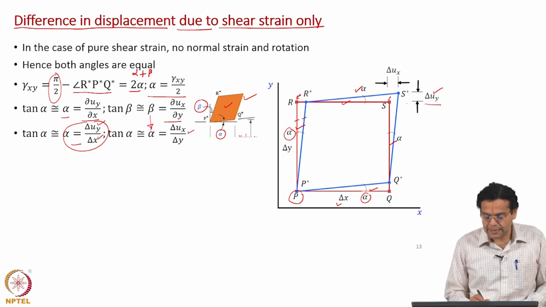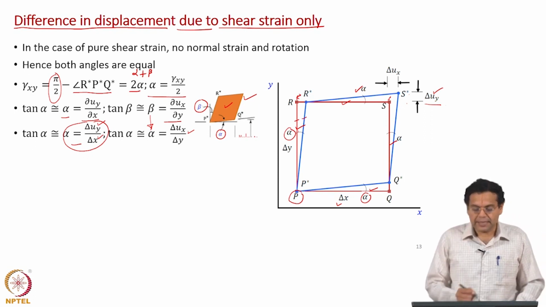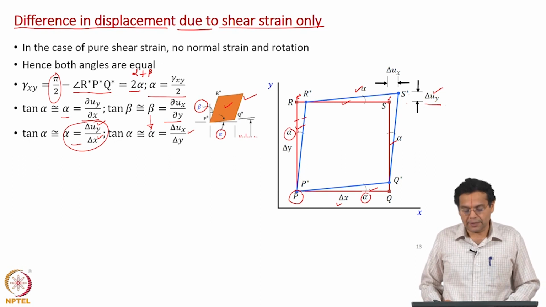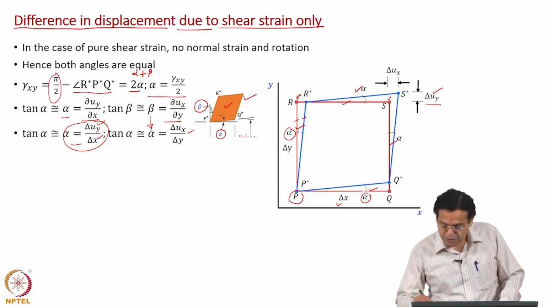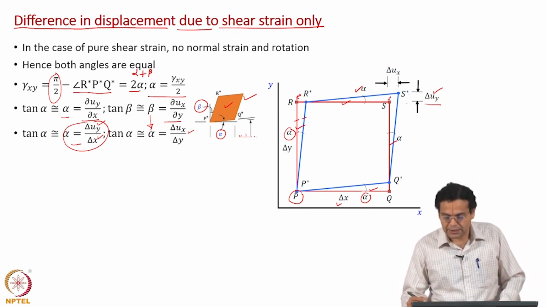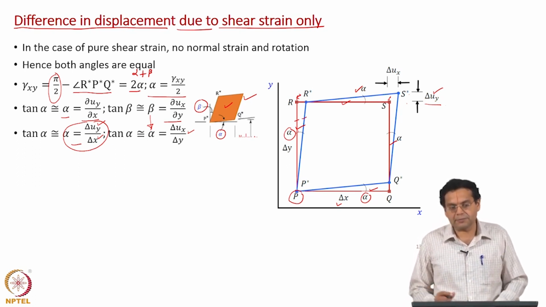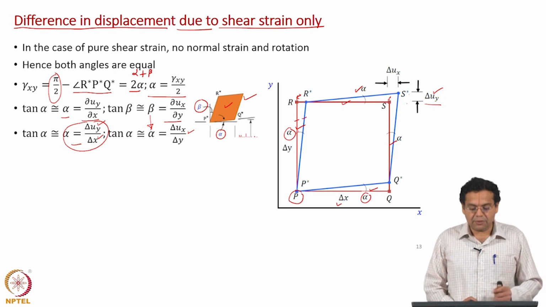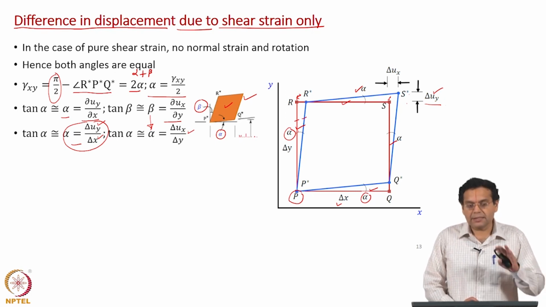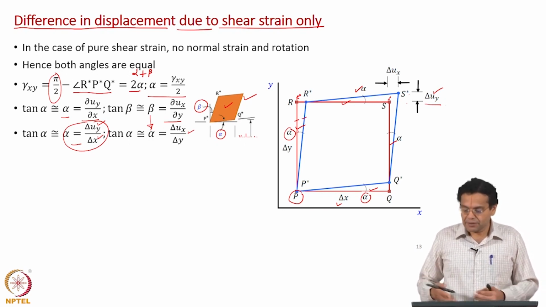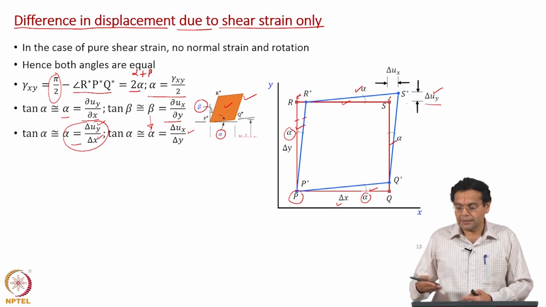Now let us take the second relationship, alpha equal to delta ux by delta y, and that corresponds to this triangle. Once again, in the limit of very small alpha, it becomes a triangle. The second equation, what does it tell you? How alpha is related to the difference in x displacement between two particles which are delta y away. Same thing is here, we have P and then S which are delta y away.